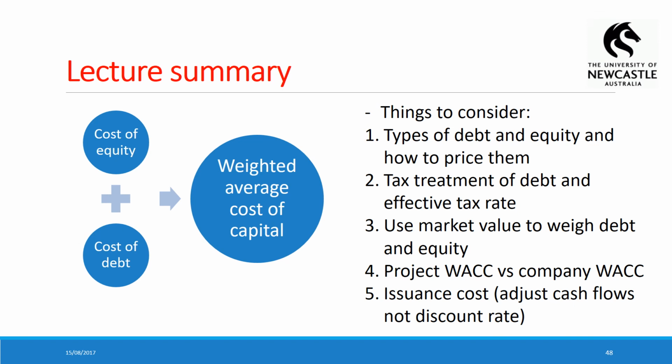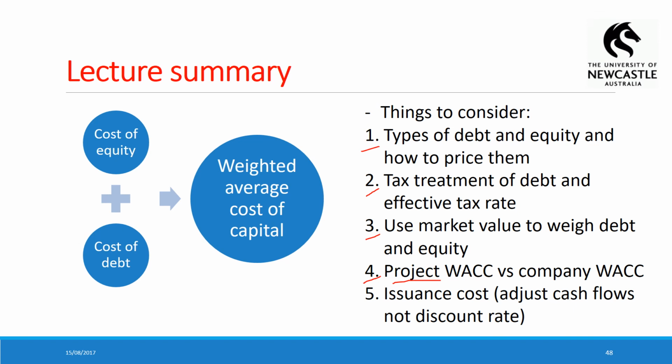So from this lecture, these are the things that we have to consider. Firstly, as we mentioned before, the types of debt and equity. Second, the tax treatment of debt and the effective tax rate. Third, market value as the weight. Fourth, the cost of capital should reflect the project specific risk or the company specific risk, right?